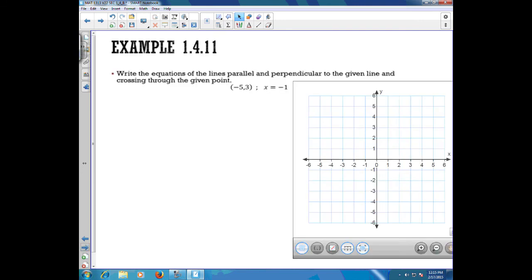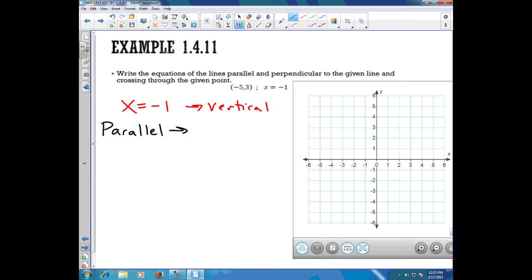Okay? We're going to practice this. So we want to write the equations of the lines parallel and perpendicular to the given line and crossing through the given point. Well, the given line is x equals -1. This is a vertical line. So if we want to write the line that's going to be parallel, then we need another vertical line.